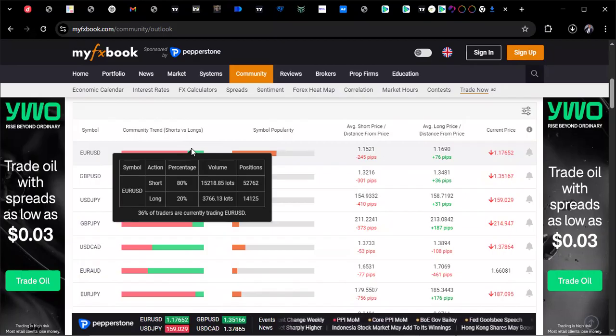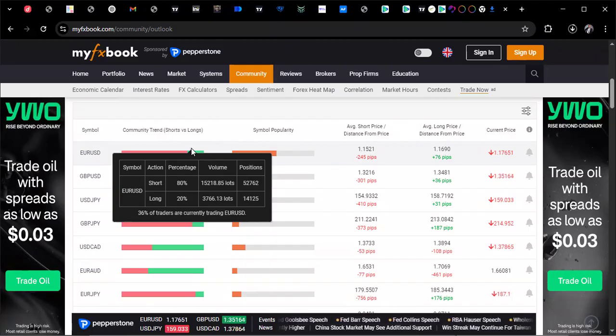Assuming one lot per person, that is like 15,000 persons having one lot. In fact, it gives you the positions here. We currently have 2,000 positions for sell on Euro USD.